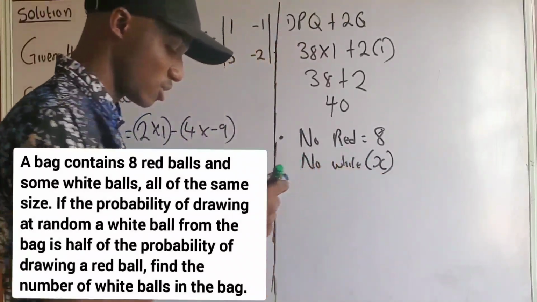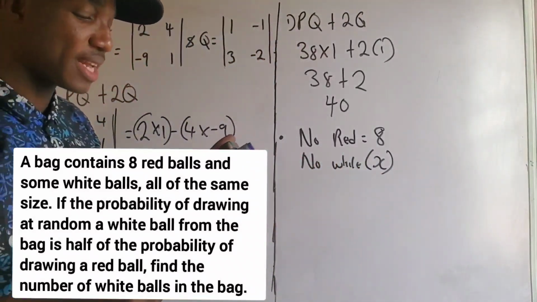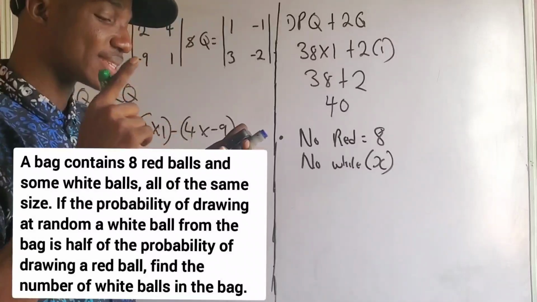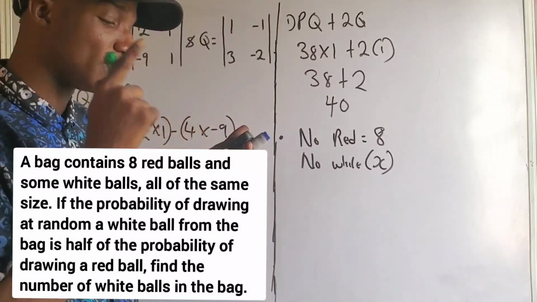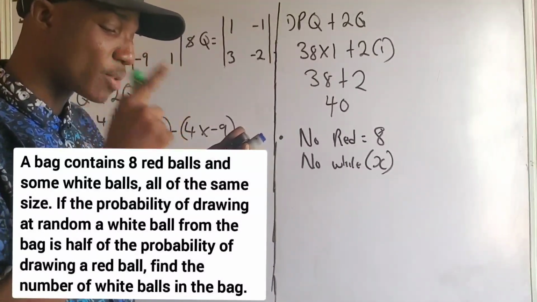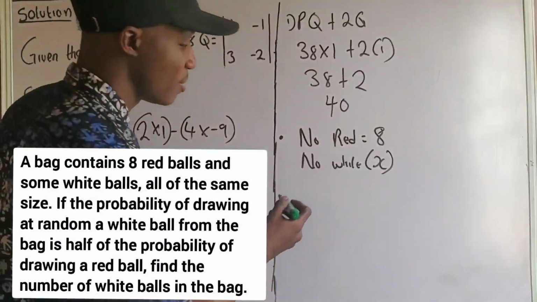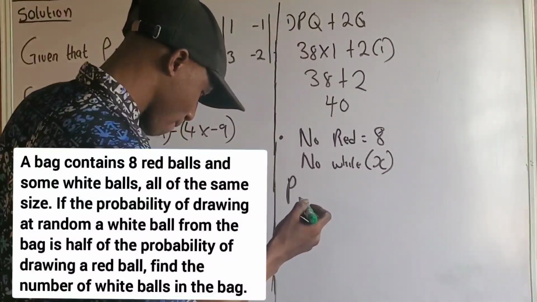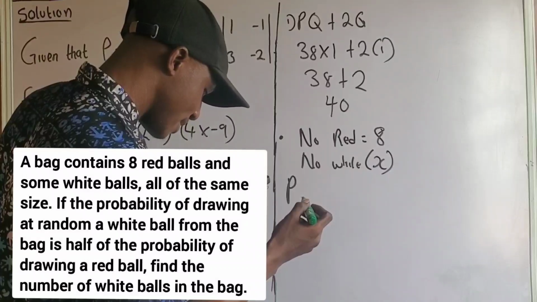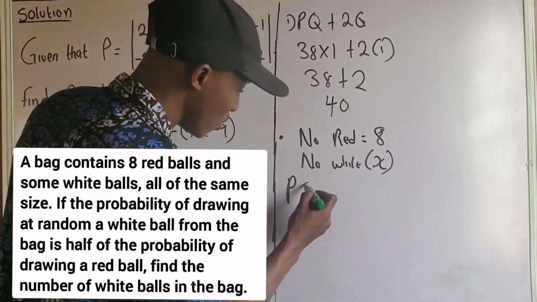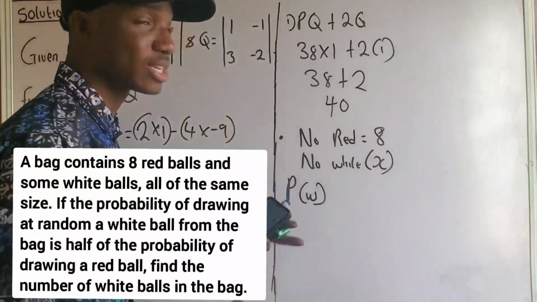From the question, we are given that the probability of drawing at random a white ball from the bag is half the probability of drawing a red ball from the bag. Now, listen. Let's represent W as white.